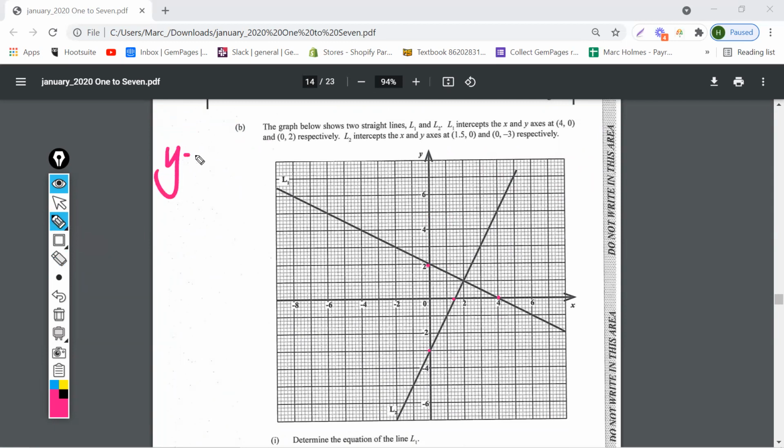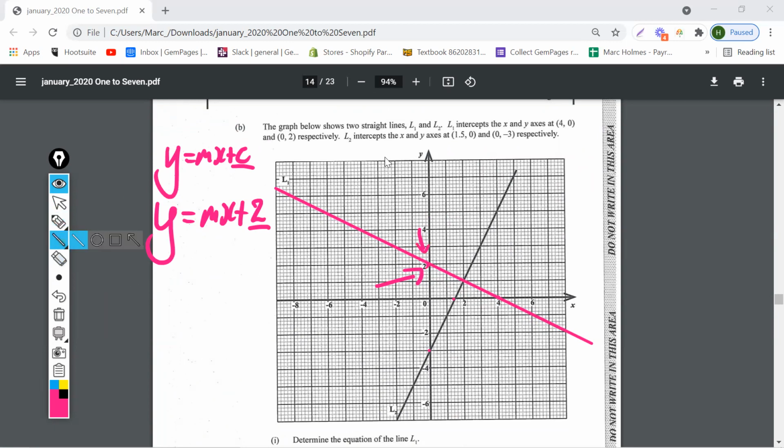Let me show you why. The c point is always the y-intercept, and the line is right here. Let me draw the line. L1 is here. The y-intercept, the point at which it cuts the y-axis, is at 2. So y is equal to mx plus 2. Anywhere it cuts the y-axis is what the c is.